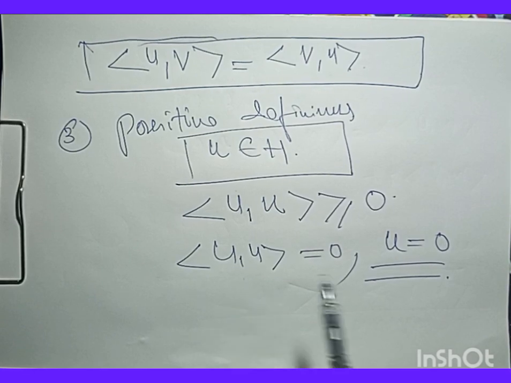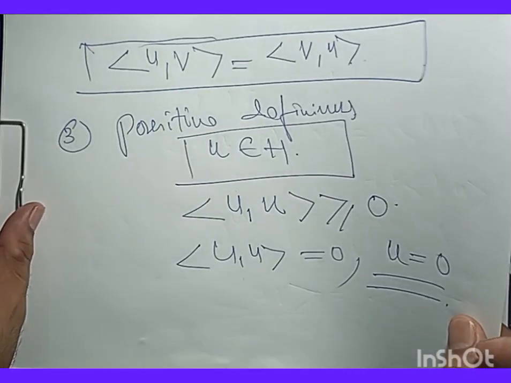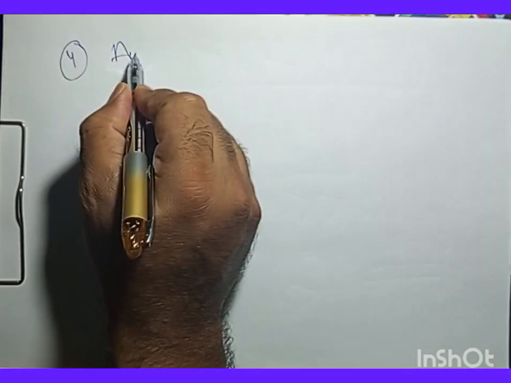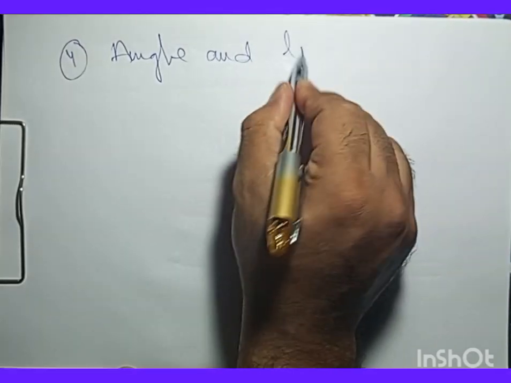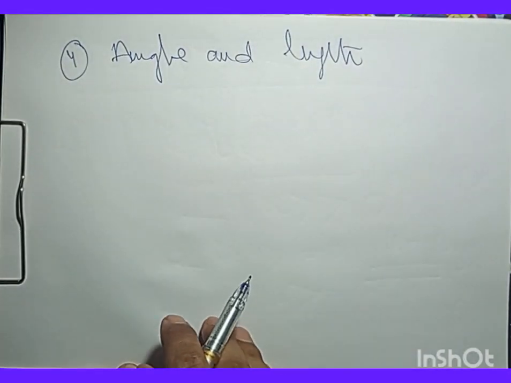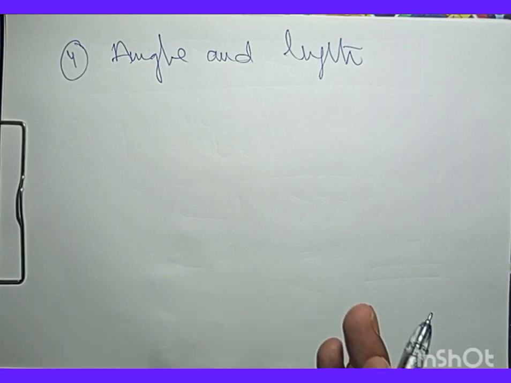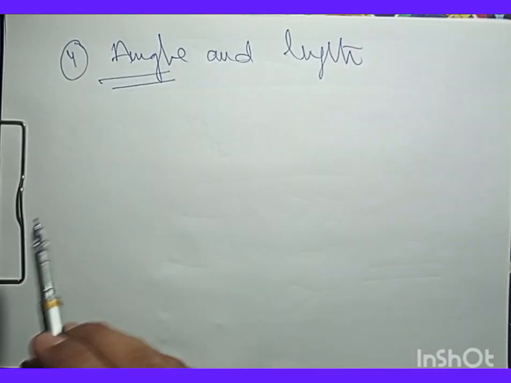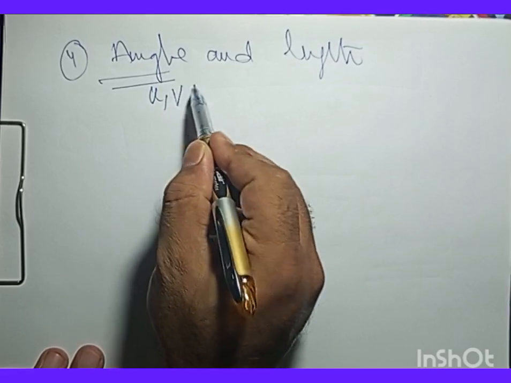The next important property is the geometric interpretation of this Hilbert space, in terms of angle and length. What I am trying to tell here is that this inner product can be used to define the angle between two vectors, u and v.